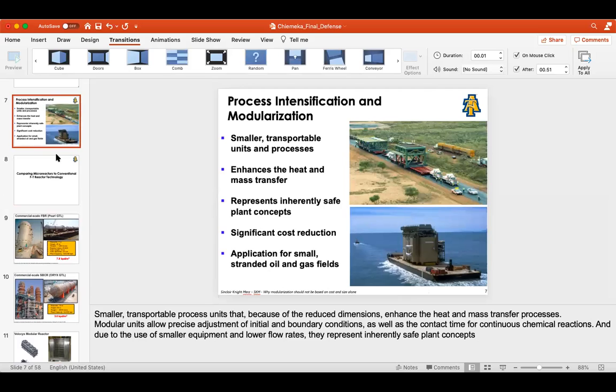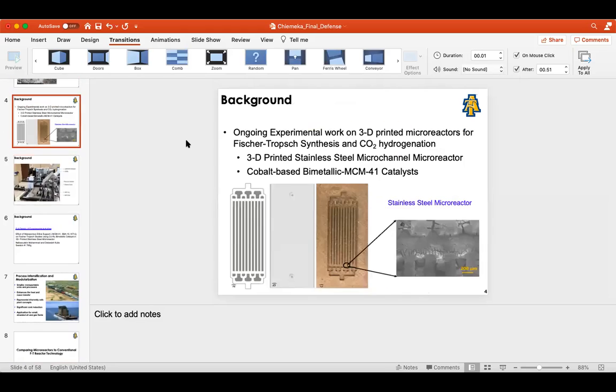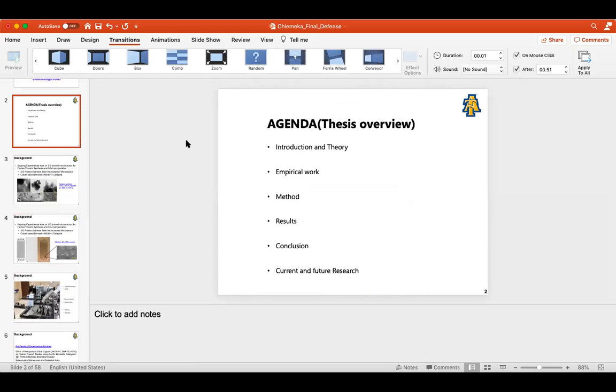Shamika, you need to uncheck after. You see at the top here, you just keep it on mouse click only. This way you only transition on mouse click. So try to present. Oh, you have it for all the slides. Okay. Oh, that's for all the slides. Oh shit. Okay, it's fine.